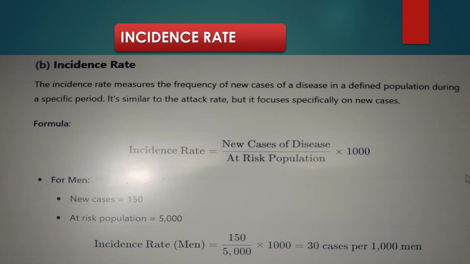So with this, we can say we have 30 cases of tuberculosis per 1,000 men. So that is how to calculate incidence rate.